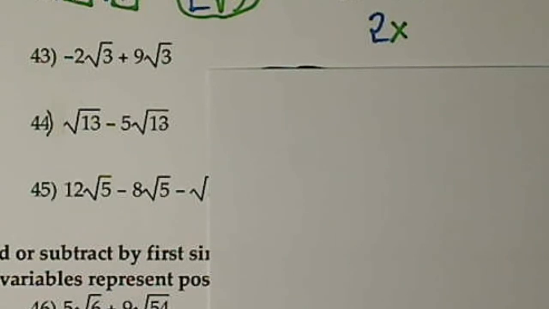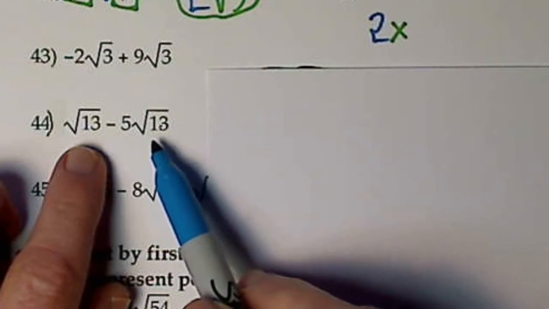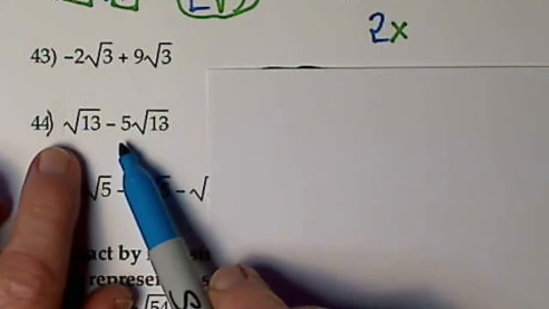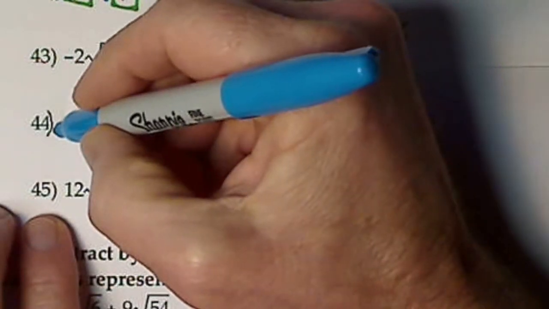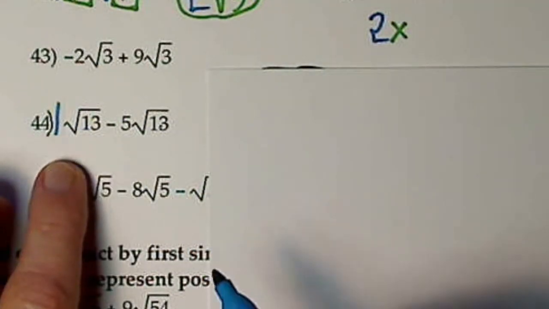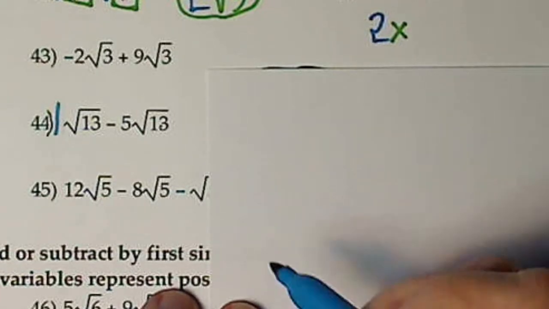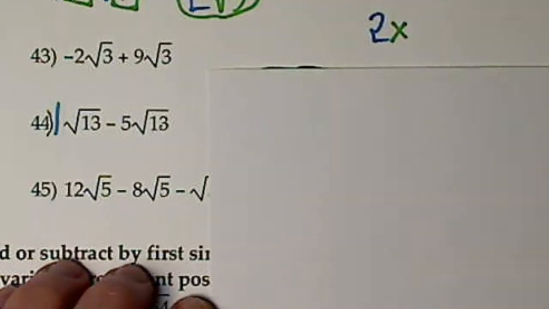And now taking a look at number 44 here, we have radical 13 and radical 13. We'll be able to add or subtract. The signs are different. We'll be subtracting, and you need to keep in mind there is a 1 in front of the radical 13. So if I have a positive 1, a negative 5, when I combine them, I'll get -4, and I'll simply keep the radical 13.